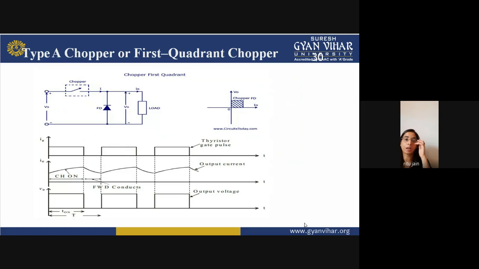From the diagram, you can see that in the class A chopper, there is a DC voltage and a switch, which is connected to a freewheeling diode and to the load.